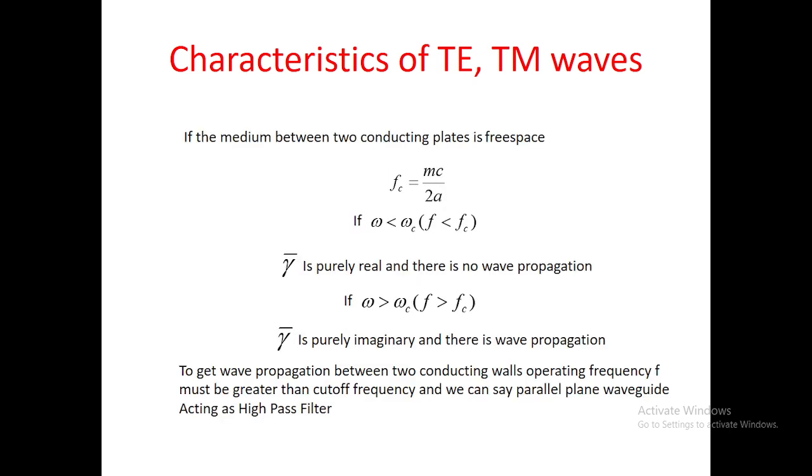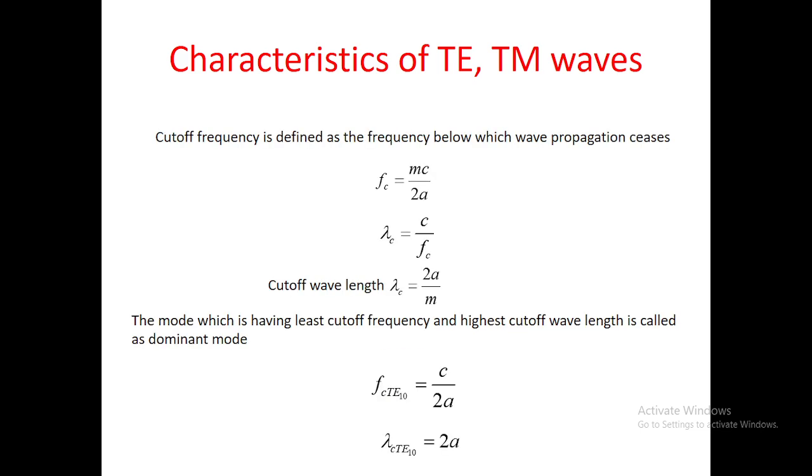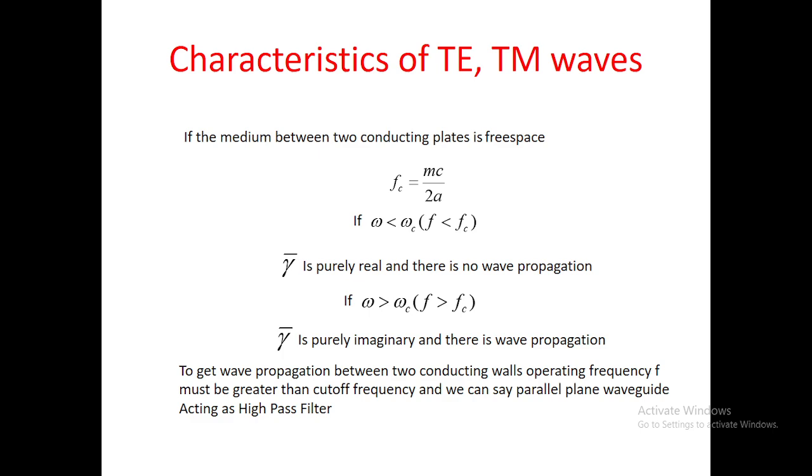So what is cutoff frequency? Cutoff frequency is defined as the frequency below which wave propagation stops. If the operating frequency is less than the cutoff frequency, gamma is purely real and there is no wave propagation.